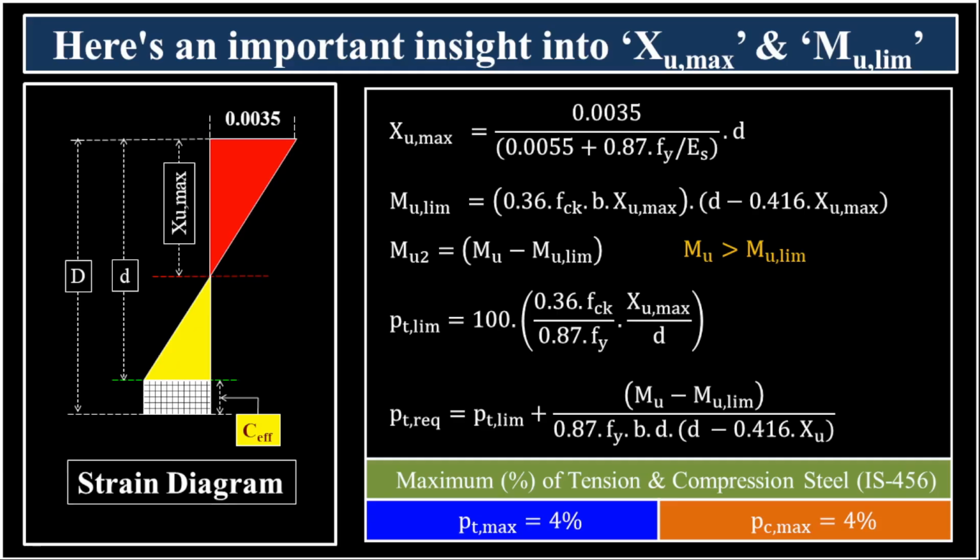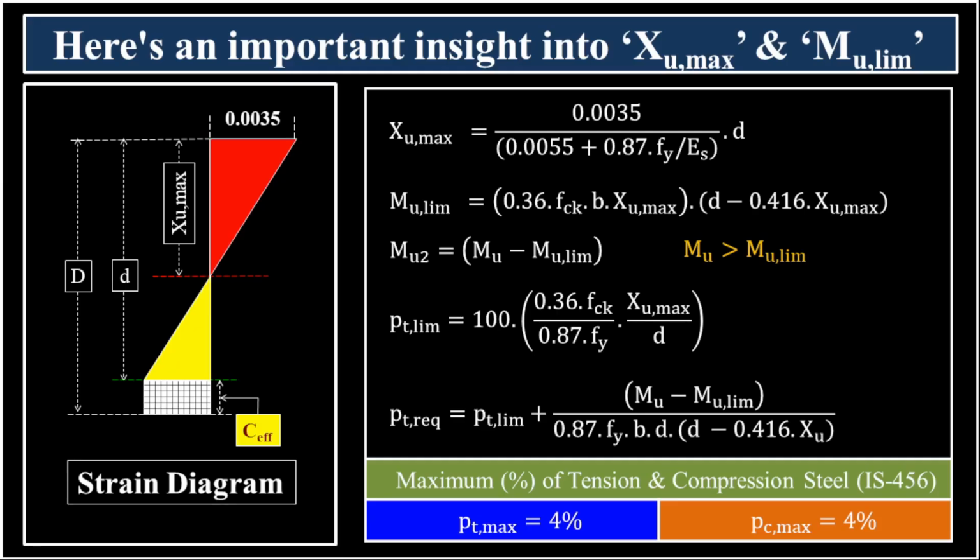The first step in designing a doubly reinforced section is to calculate the difference between Mu and Mu lim. We denote this difference as Mu2, where Mu2 equals Mu minus Mu lim. This Mu2 value becomes the starting point for our doubly reinforced design calculations.